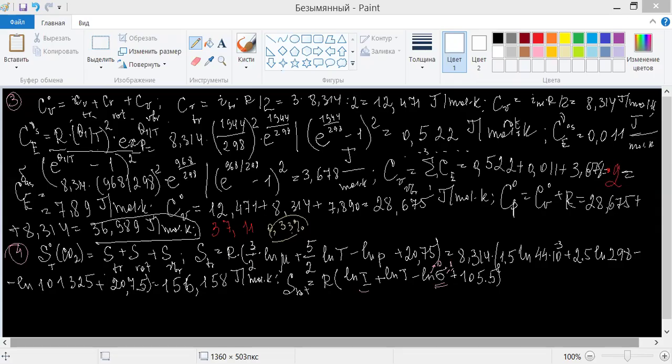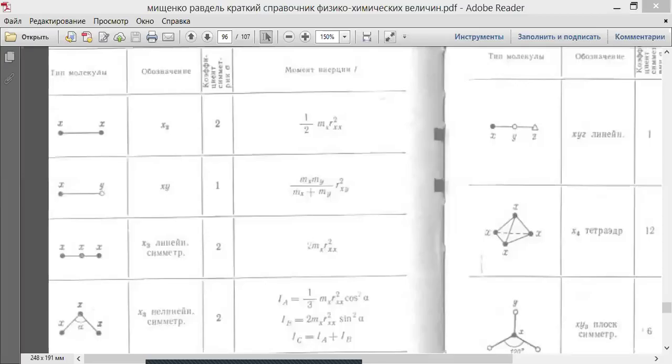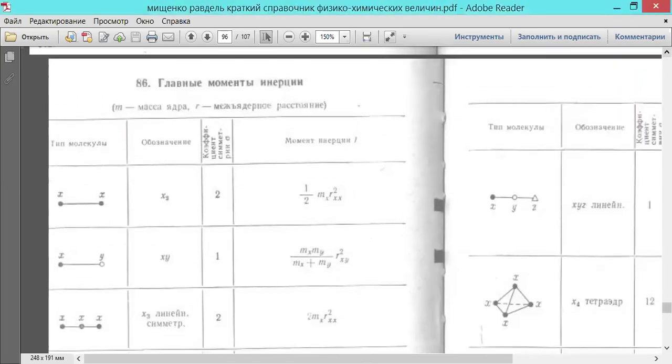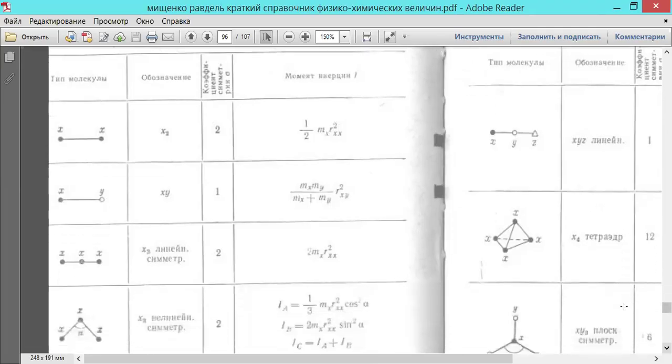Linear and symmetric. Here it is. This table. It's entitled the main moments of inertia for different types of molecules.